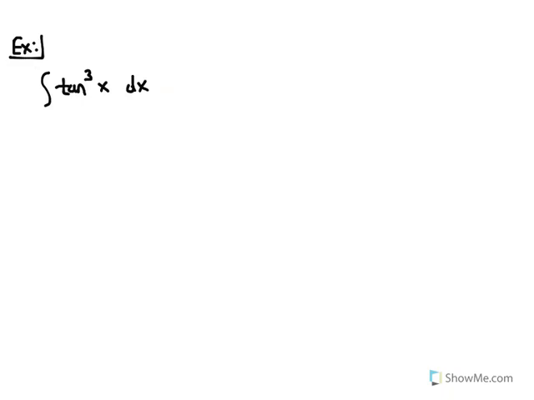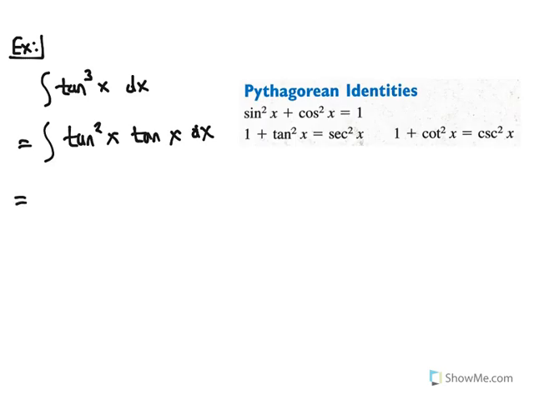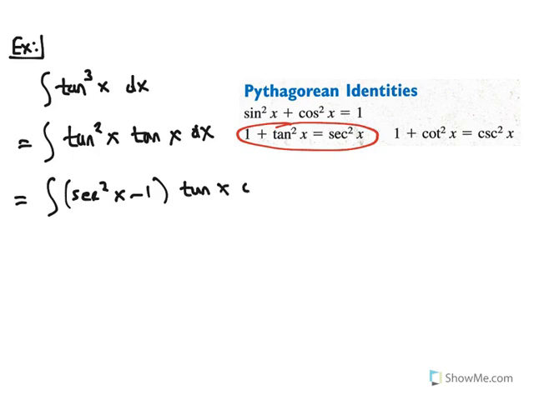In this example, we have the indefinite integral of tangent cubed x dx, and we will rewrite this problem as the indefinite integral of tangent squared x times tangent x dx. Now we can rewrite tangent squared x using this Pythagorean identity as secant squared x minus 1, multiplied by tangent x dx.